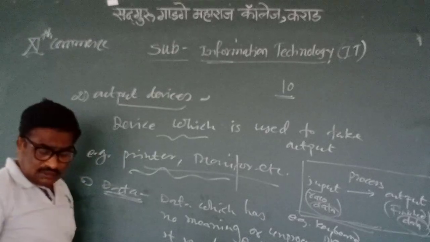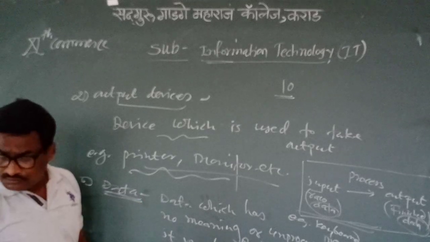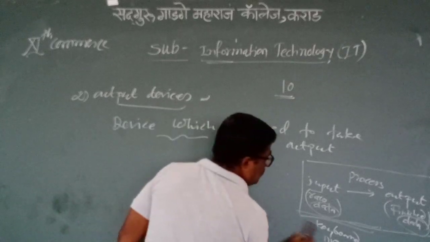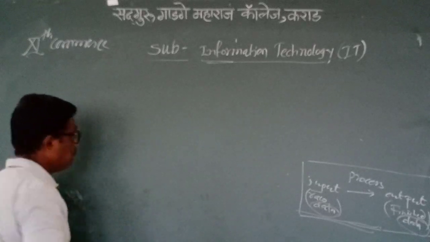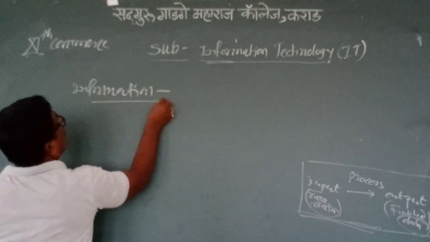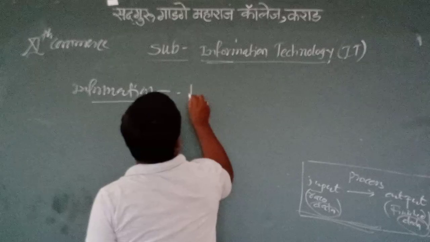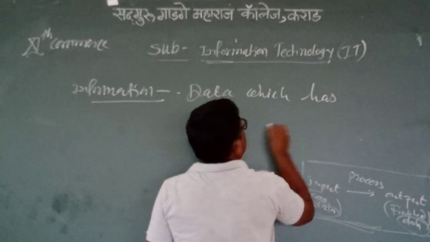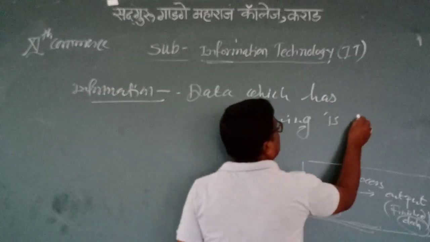Then information. What is information? The data which has a meaning is called information.